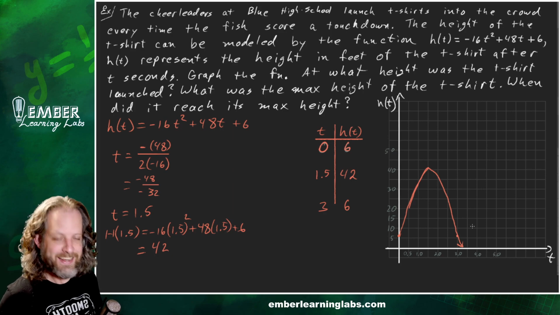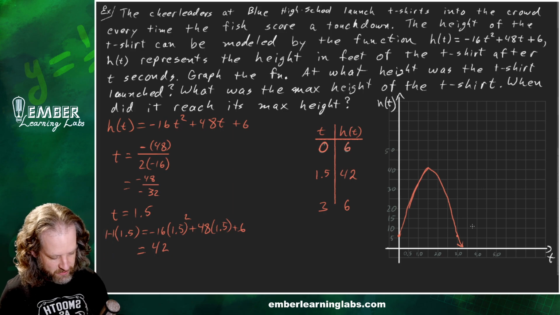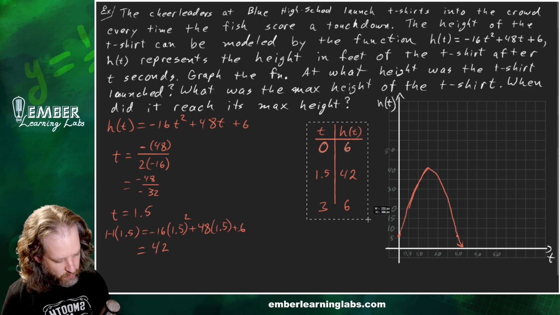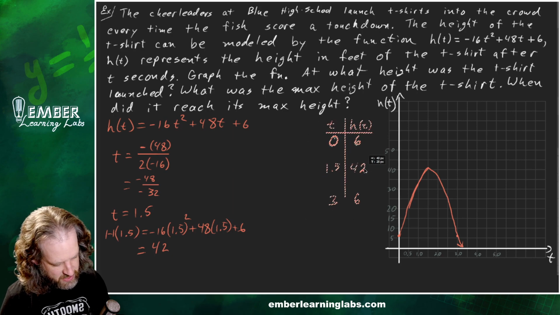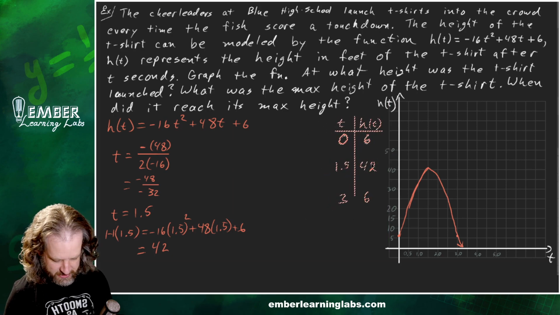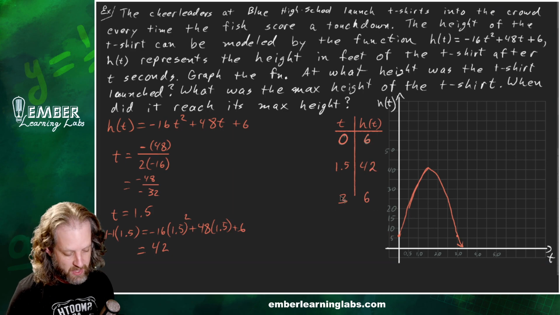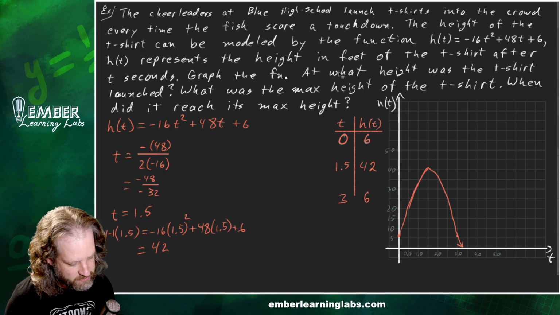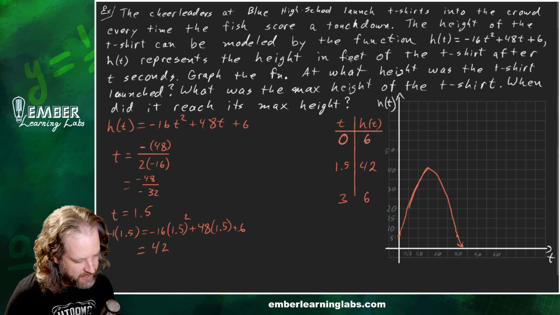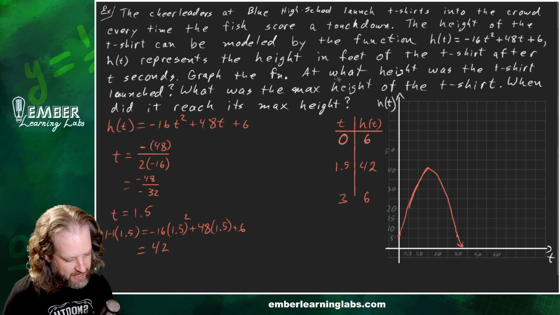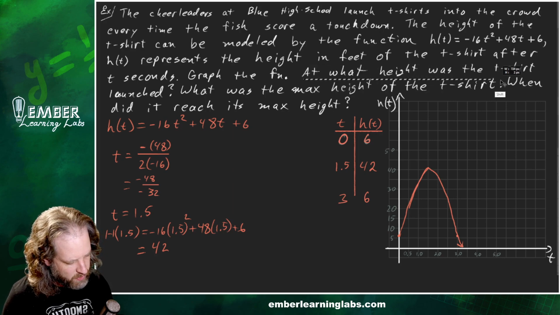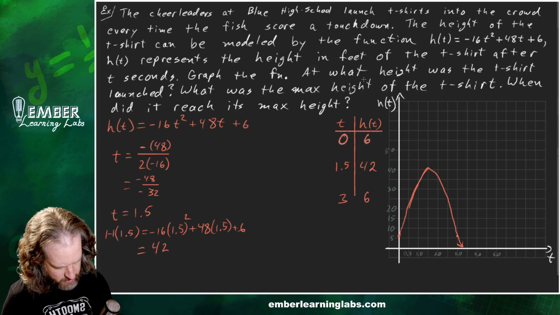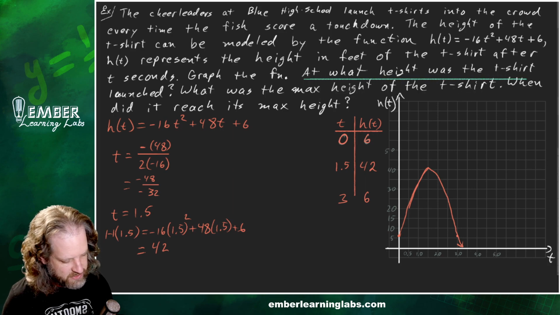Something like that. Let's take a look at what we're asked for and see if we have enough information to answer it or not. So what are we asked for? After t seconds, graph the function. We did that. At what height was the t-shirt launched?